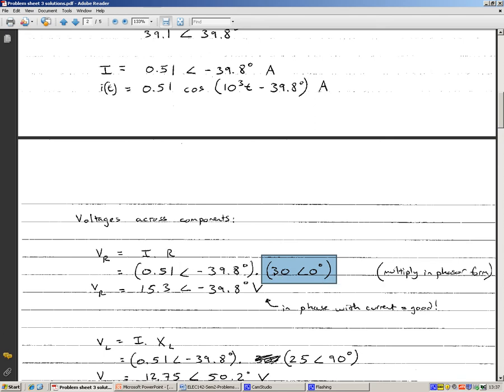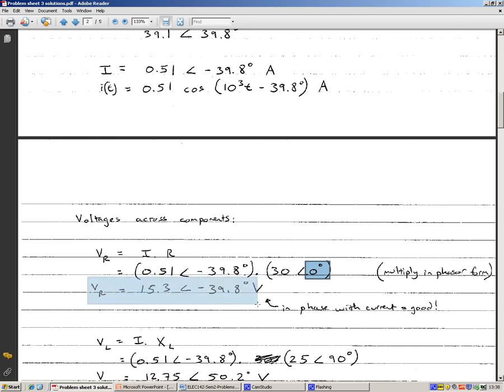This is quite a simple one. It's 30 ohms. There's no imaginary part, so it's a magnitude of 30 at an angle of 0. If we do that phasor multiplication, it's 0.51 times 30 for the magnitude, which gives us a total magnitude of 15.3. For the angle, we add the second angle, so the angle remains minus 39.8 degrees, in volts.